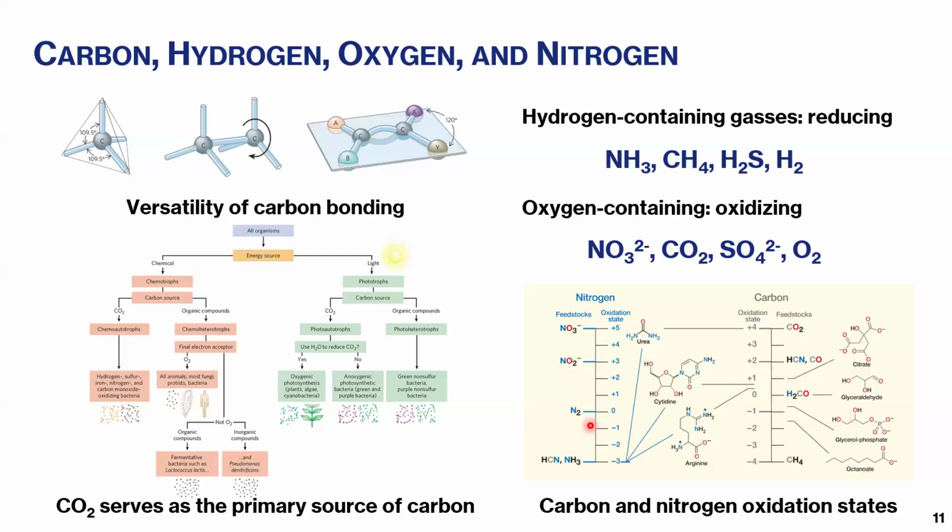Abiotic processes like the powerful electrical discharge from lightning can also oxidize nitrogen gas into nitrogen oxides, NOx. This can eventually form biologically accessible molecules like nitrate and nitric acid.